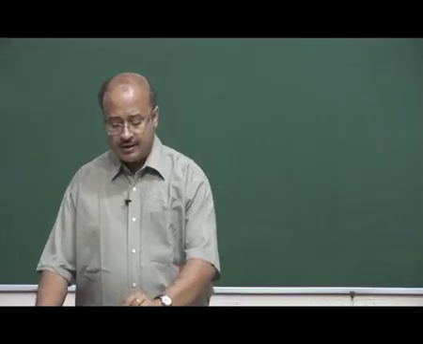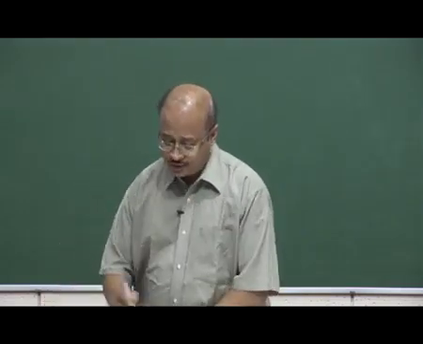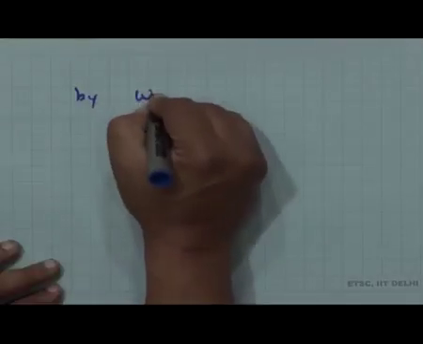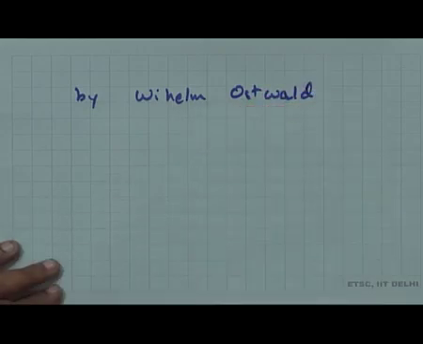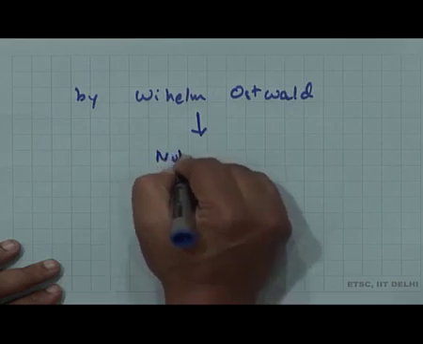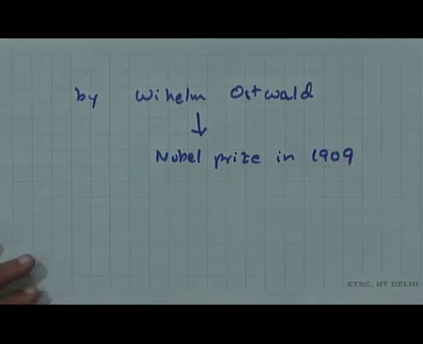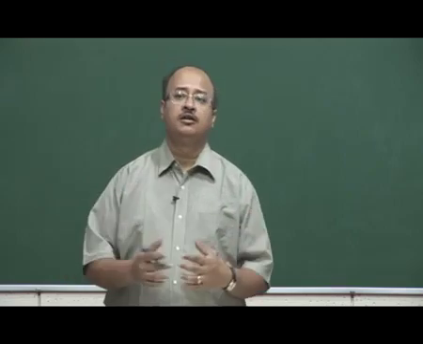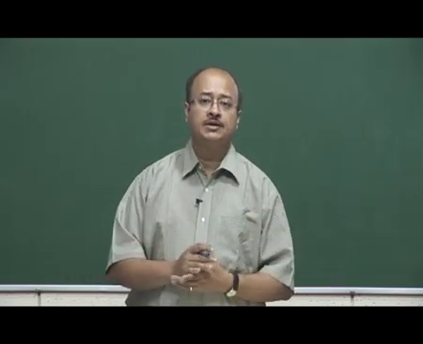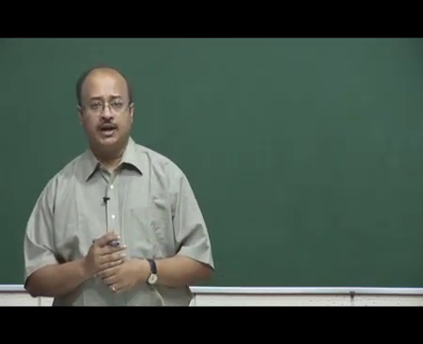Okay. So, then the importance of half life was first coined by Wilhelm Ostwald. He was awarded the Nobel Prize in 1909, mostly for his work on catalysis and also for providing many of the fundamentals of chemical equilibrium and chemical reaction kinetics.